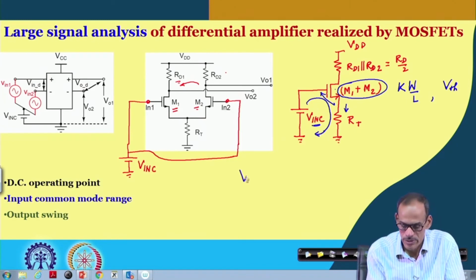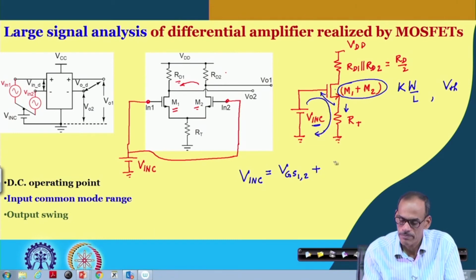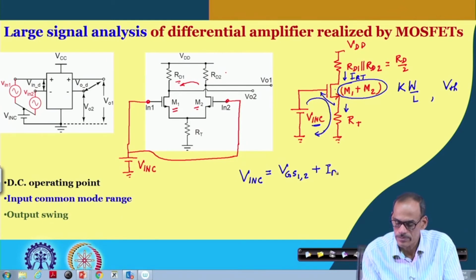Then we can say that V in C equals VGS of transistor 1 or 2 plus the total current. So, if I say the current is I R T, then I R T multiplied by R T. So, this is one equation.